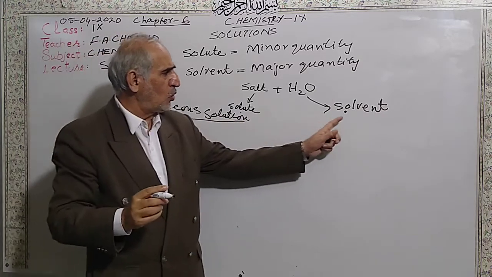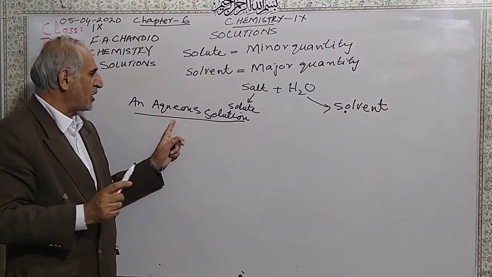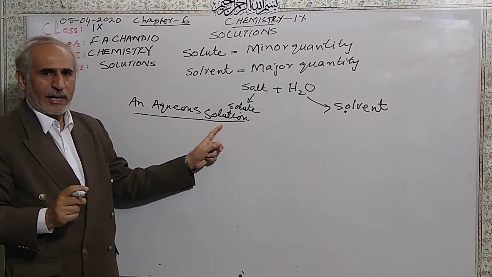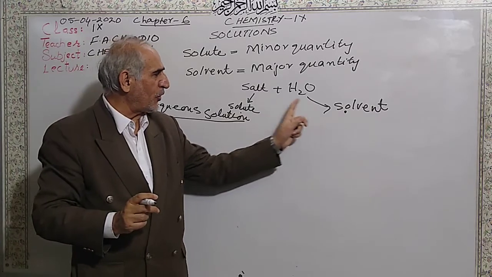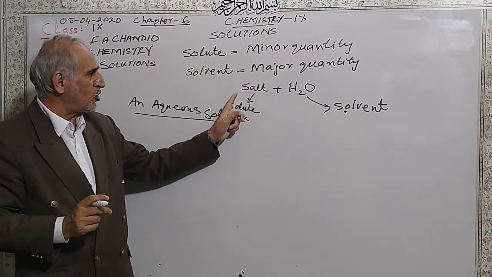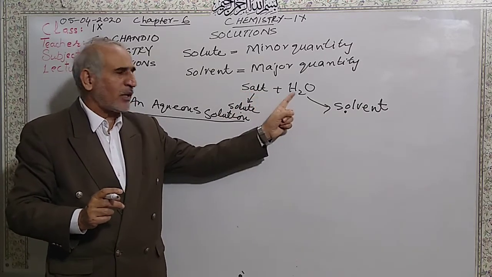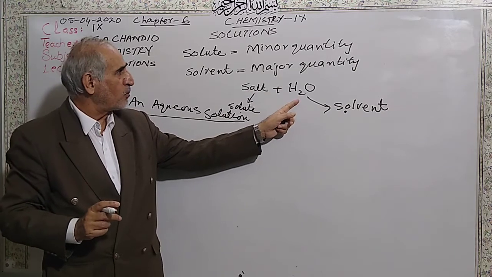When we use water as a solvent, then the solution is called an aqueous solution. Aqua, a Greek word, means water. That's why the solution of water is called aqueous solution. So salt plus water is an aqueous solution. Sugar plus water is also called an aqueous solution.